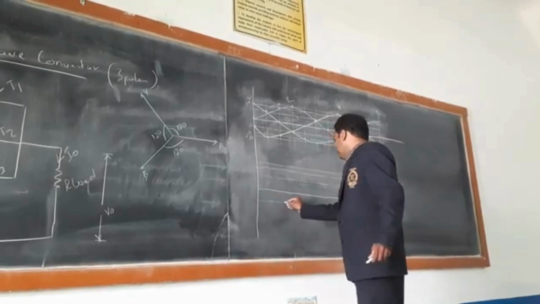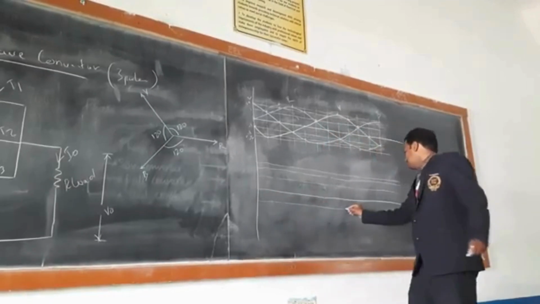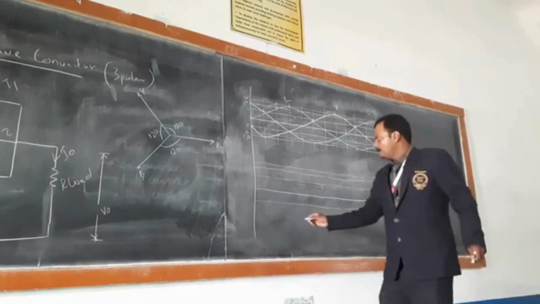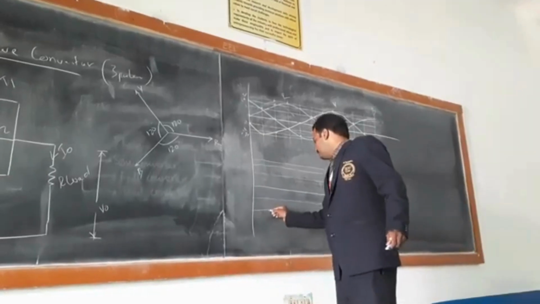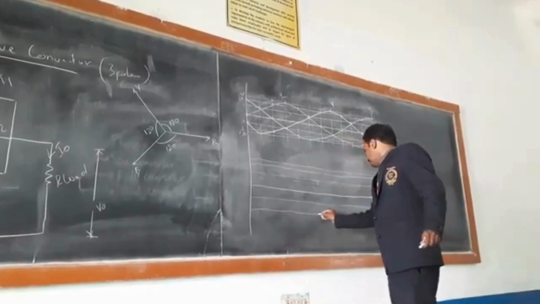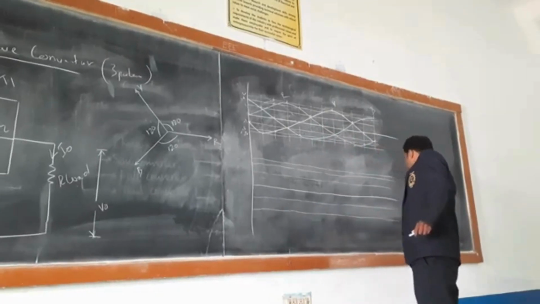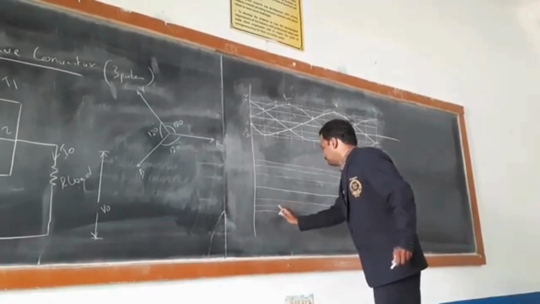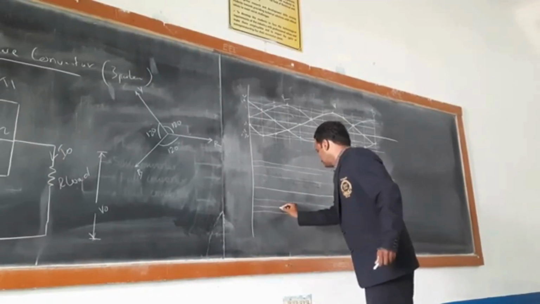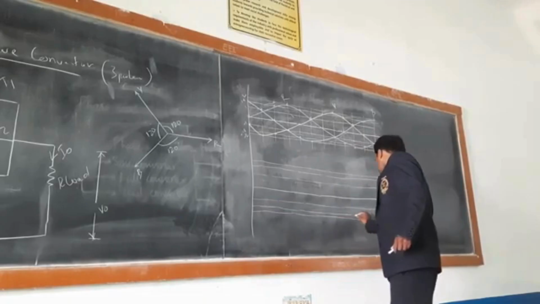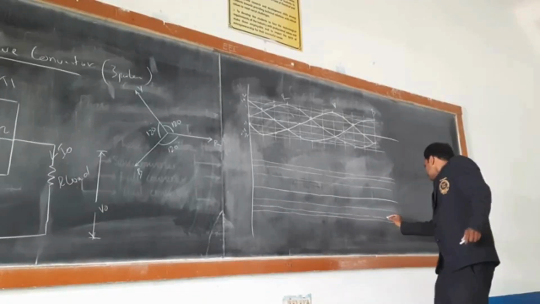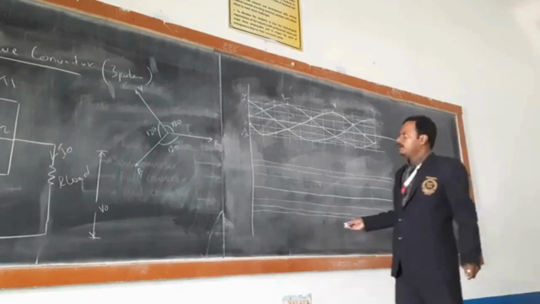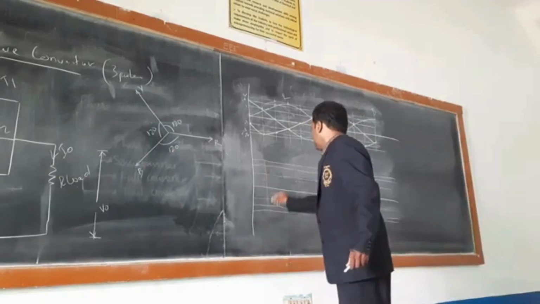Similarly, 1 centimeter below the reference, 2 centimeter below the reference, and 1.8. Take equal divisions of 1 centimeter.